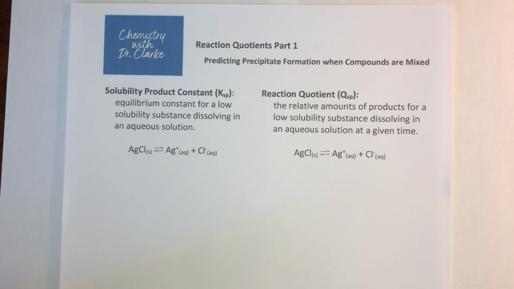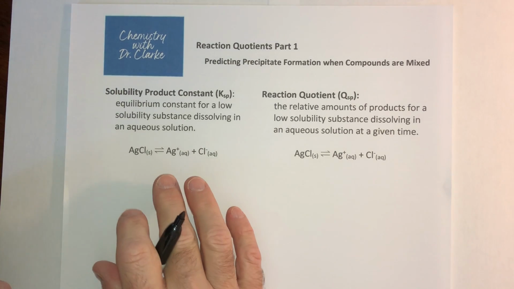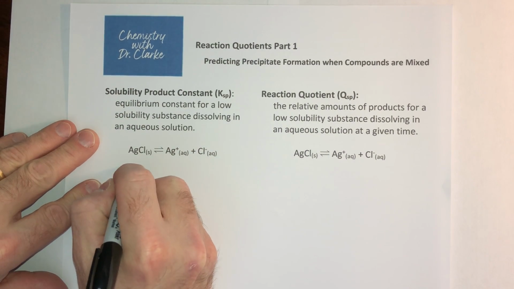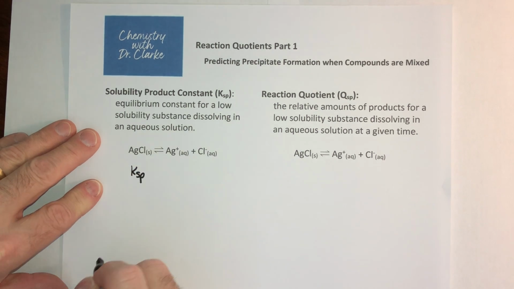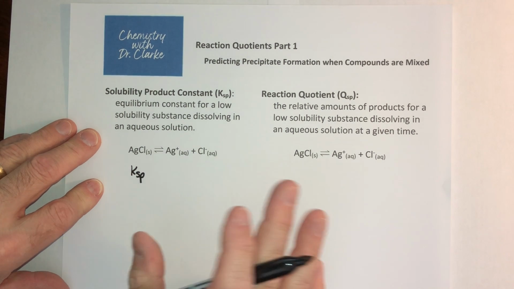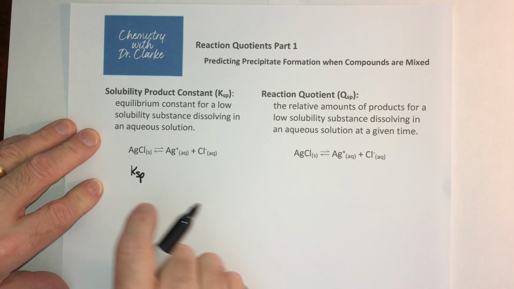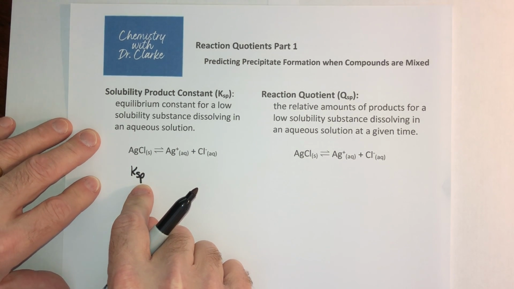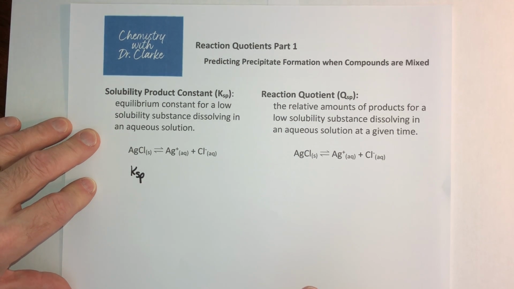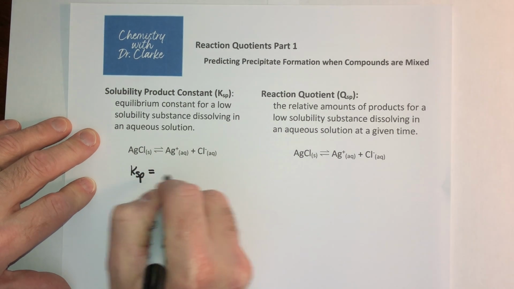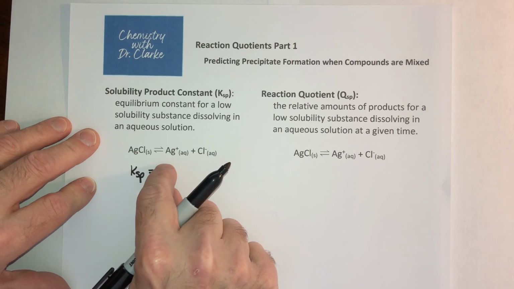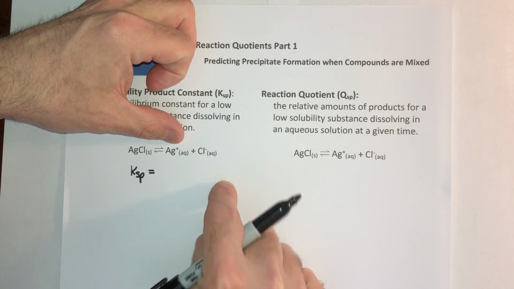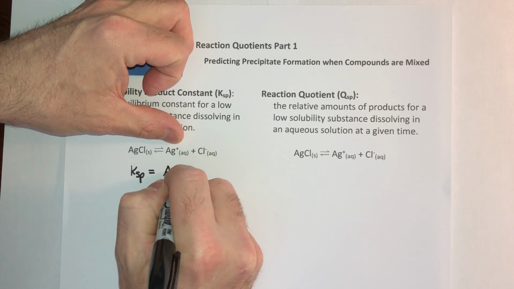So let's say that we want to talk about the equilibrium expression for this equilibrium. Okay, so KSP is our equilibrium constant. If you have something that doesn't like dissolving in water, okay, we give it the special name solubility product constant, but it's still just an equilibrium constant. And when you're writing out your equilibrium expression, it's always products divided by reactants. So my first product is a silver plus, so Ag+.